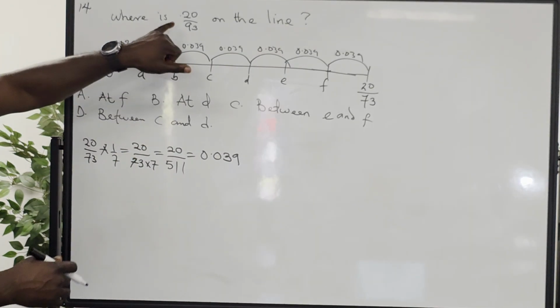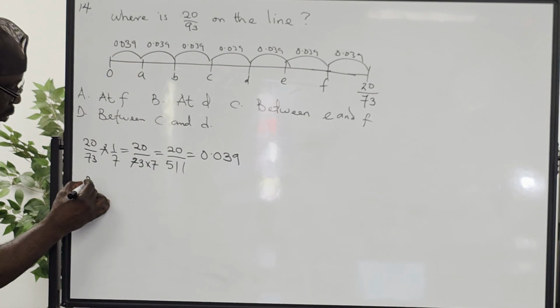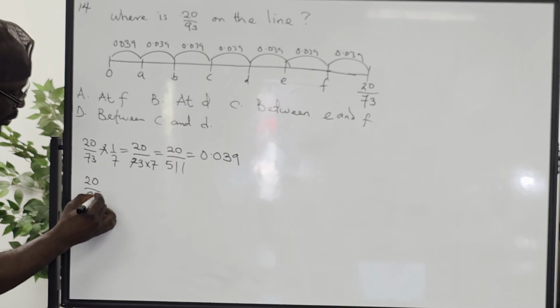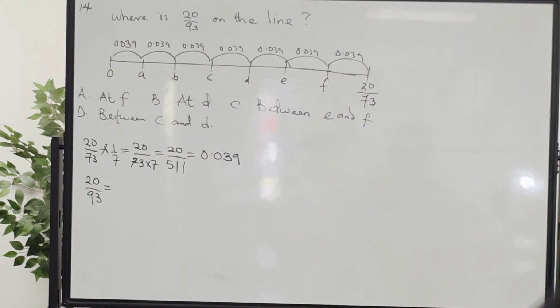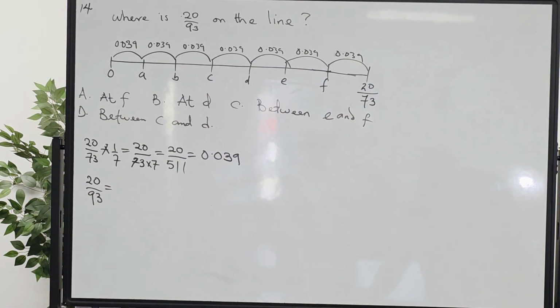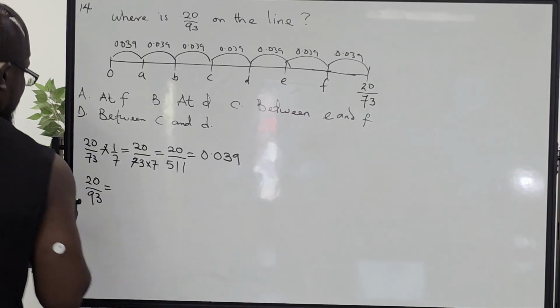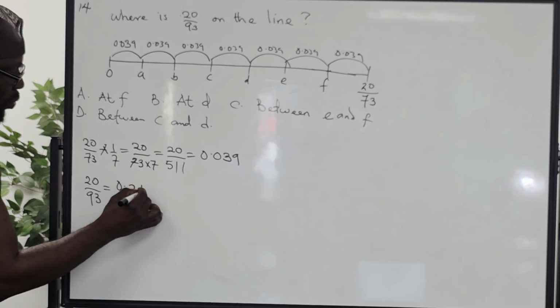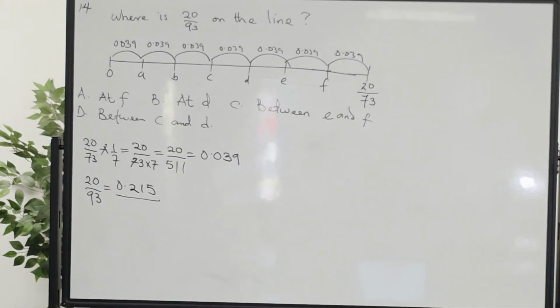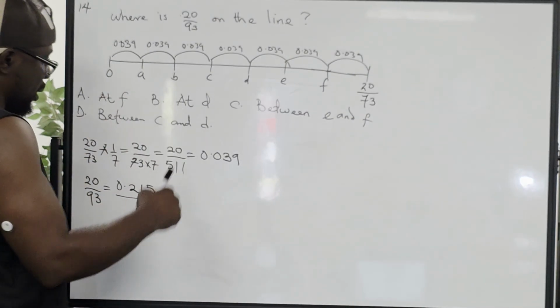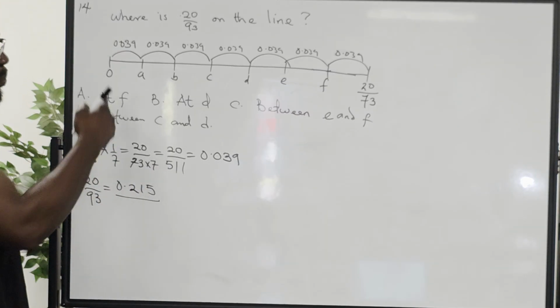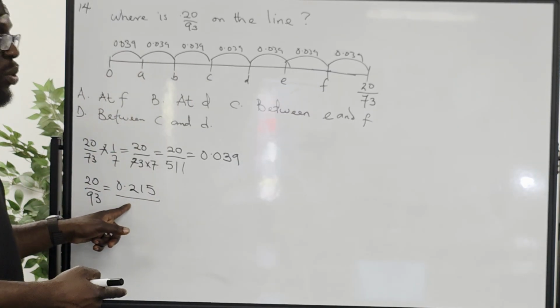So we're looking for 20/93, right? 20 divided by 93 should give us 0.215. So how many of 0.039 can I add together to give me 0.215?